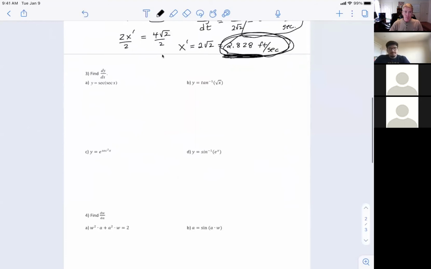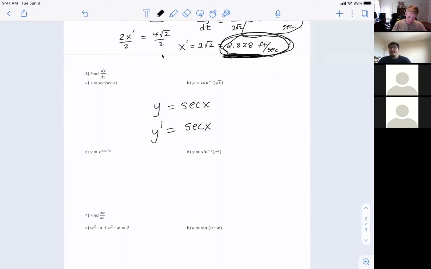And now on to some straightforward, just practice derivatives. So if you have just secant of x, can somebody tell me what the derivative of secant of x is? Secant of x times tangent of x.